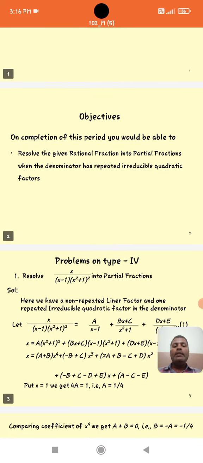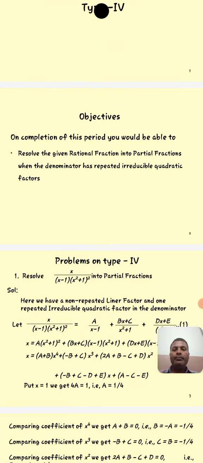Now we see the objectives. On completion of this period, you would be able to resolve the given rational fraction into partial fractions when the denominator has repeated irreducible quadratic factors.